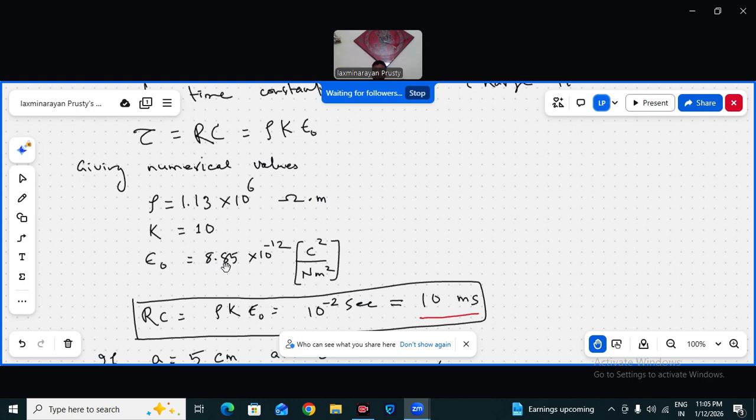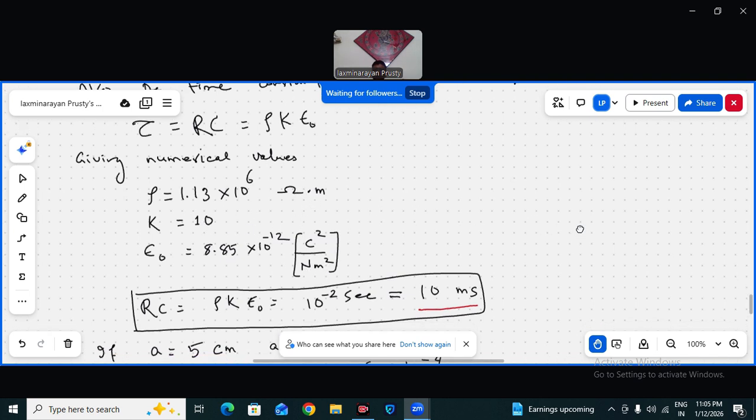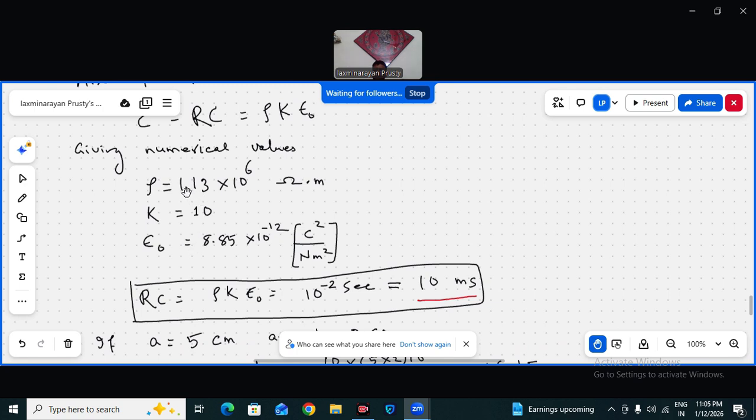Epsilon naught is 8.85 into 10 to the power minus 12, in SI units, Coulomb square by Newton meter square. Multiplying rho K epsilon 0, 1.13 times 8.85 is almost 10. So this 10, K is 10, so 100 into 10 to the power 8.